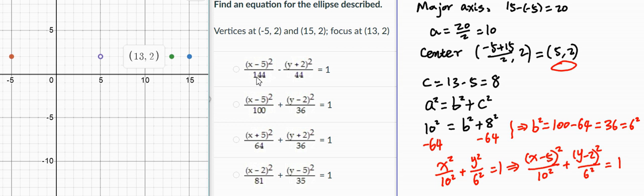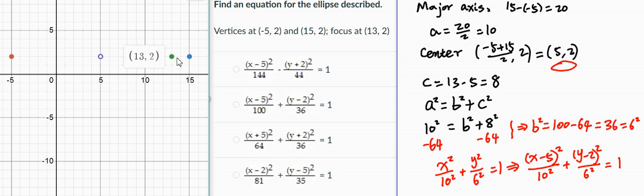So we need the equation. We can see the focus, and the major axis is in the horizontal direction. So then, of course, we know the a value should be below the x variable.